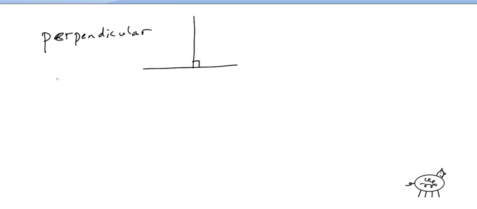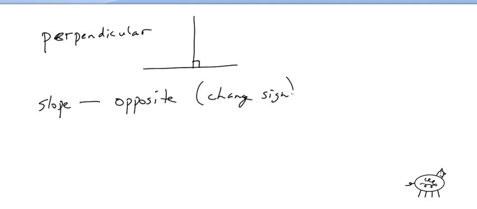So this is important for the slope of a perpendicular line. The slopes of two perpendicular lines are opposite, which means you change the sign, and it's also the reciprocal, which is you flip the fraction.